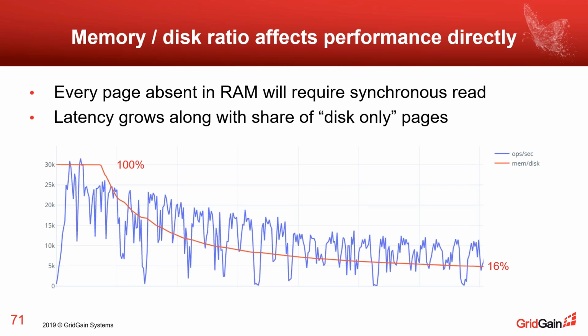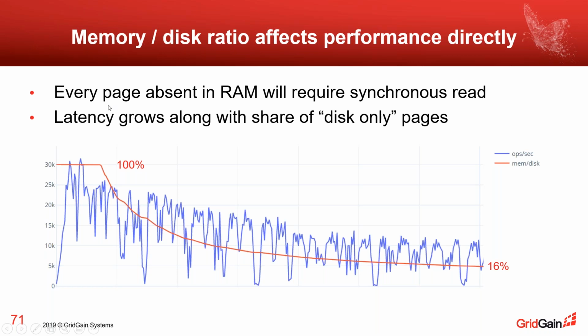And here's a graph that shows how your operations per second ratio decreases when your memory/disk ratio decreases. This is a benchmark where we start loading data to the grid and we run out of RAM and page replacements to disk start.